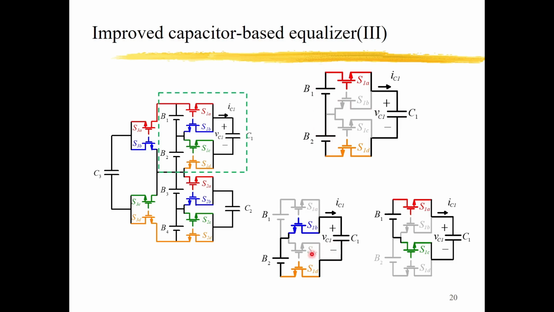And then if the BMS system finds that V2 has lower voltage, the capacitor will transfer the energy to the second battery, or to the first battery if this one has less SOC. So by this way, the equalization speed can be enhanced.